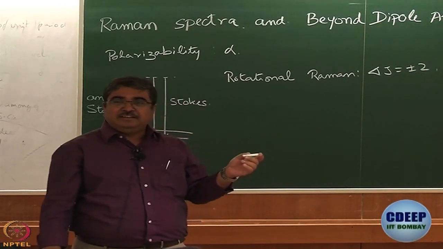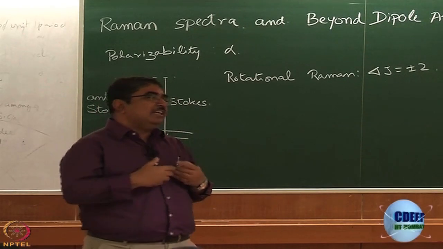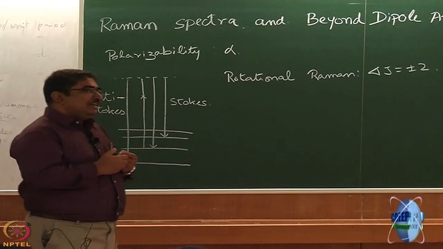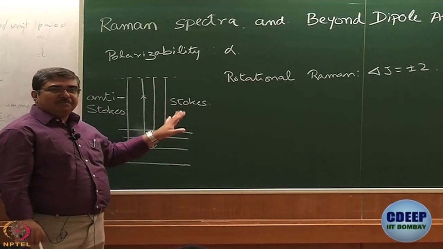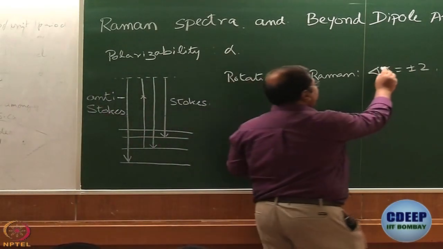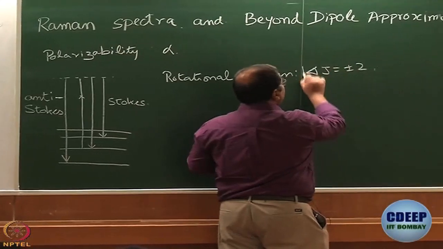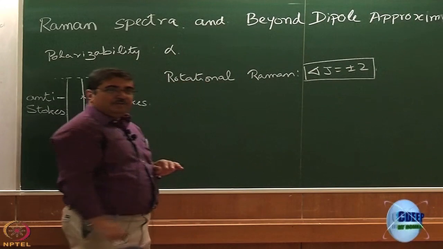If it makes sense to you, great. I do not understand that argument, to be very honest. It comes from a rigorous quantum mechanical treatment of the problem, which we cannot do. So, let us just take it axiomatically for now, that for rotational Raman, delta J equal to plus minus 2 is the selection rule.